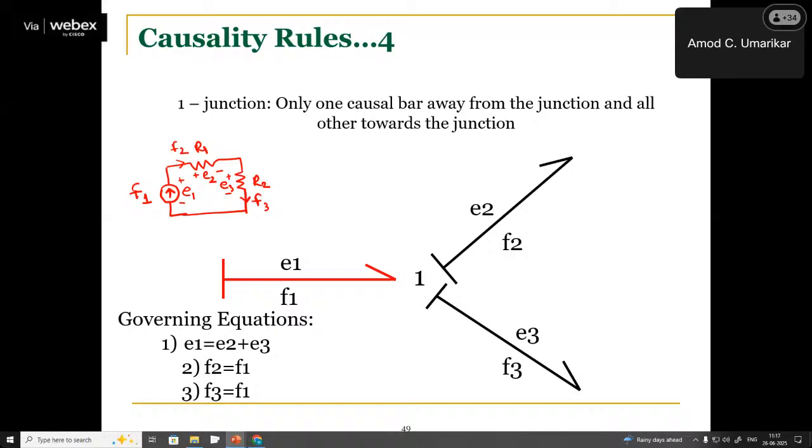I hope now it is clear to you what this equation is. So what is E1 then? E2 plus E3? Yes or no? And F1 is equal to F2 is equal to F3.